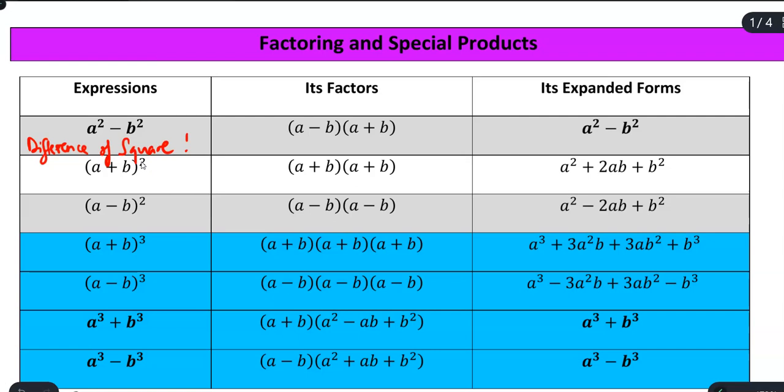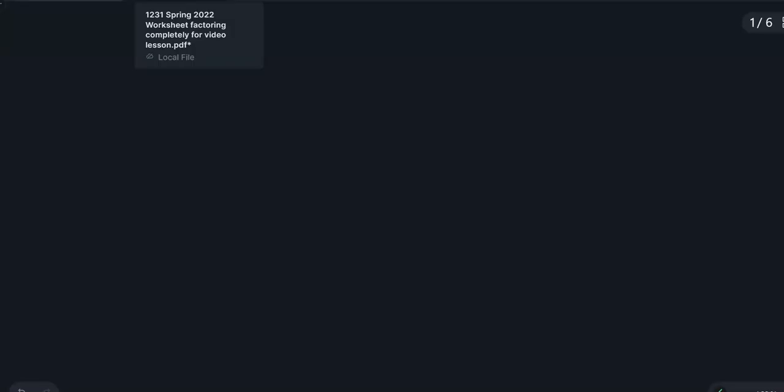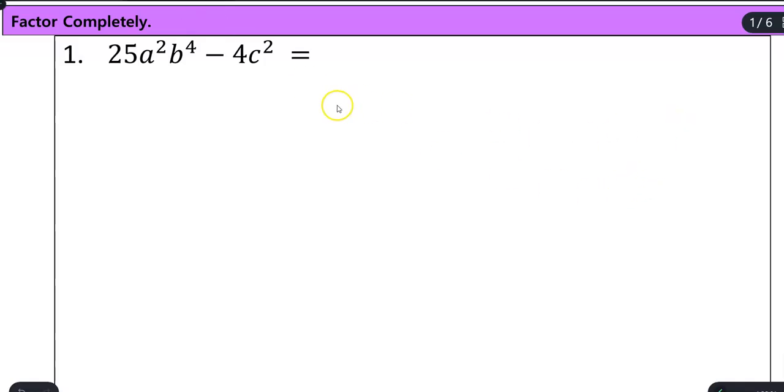Alright, so let's move on to the question itself. In this one, I have the difference of squares. But the 25 and the 4, I need to turn into perfect squares. b to the exponent 4 can be written as a perfect square also. So I will write 25 as 5 squared. a squared, I leave as it is.